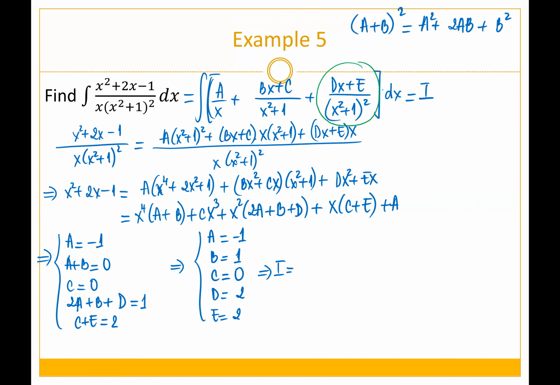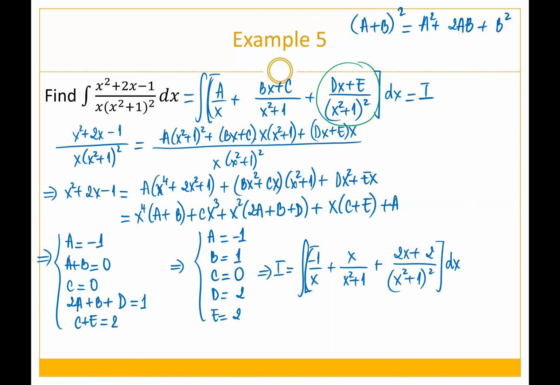We cannot just say bx plus c here and bx plus c over there. So what we have here is negative 1 over x plus x over x squared plus 1 plus 2x plus 2 over x squared plus 1 squared dx.